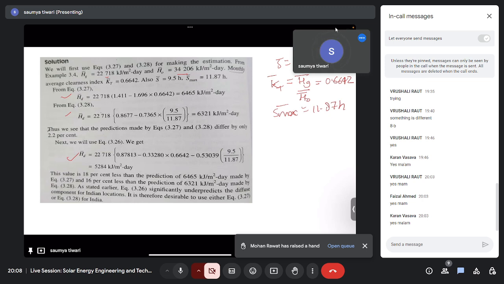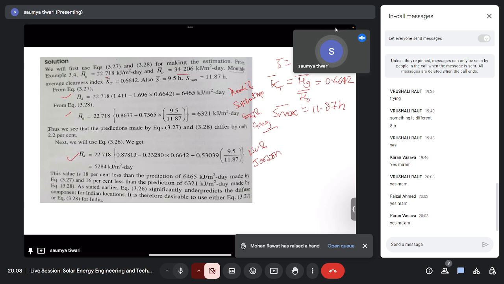This is Liu and Jordan's empirical correlation, this is Modi and Sukhatme, and this is Gopinath and Garg correlation.